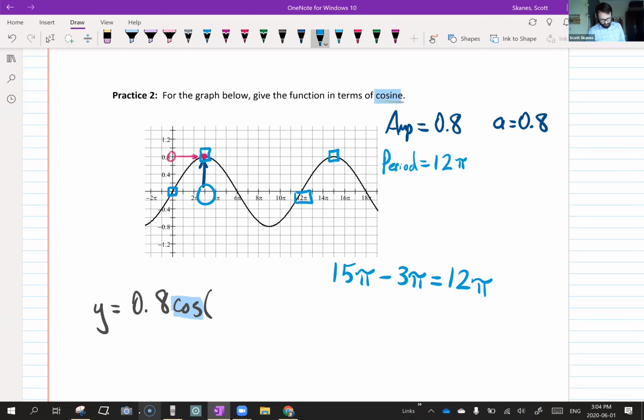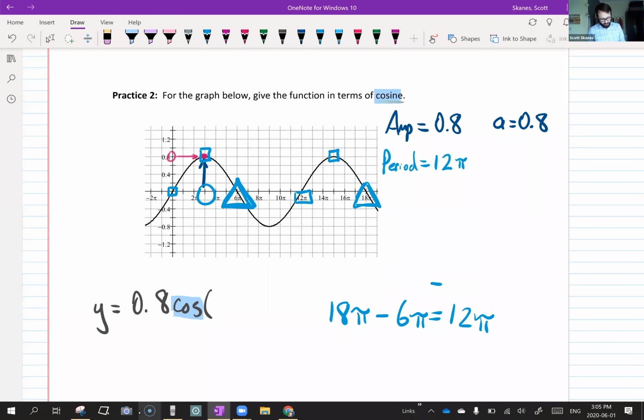Nothing wrong with it whatsoever. In fact, if you wanted to, you could take this 18 pi and compare it to this 6 pi, and you would again get 12 pi. So it doesn't really matter which 2 points you take, as long as the 2 points you take are at the same point in the cycle.